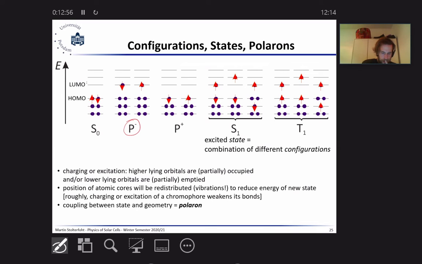The positions of atomic cores will be redistributed to reduce the energy of the new state when you add an electron. And the polaron can be understood as the coupling between the electronic state and the geometric configuration. So when a charge moves, it basically carries around with it a large distortion of the lattice.